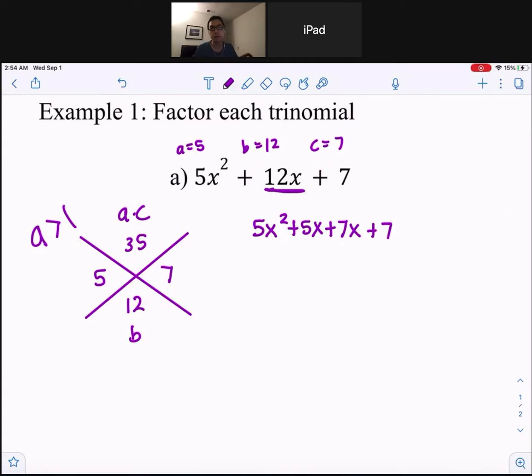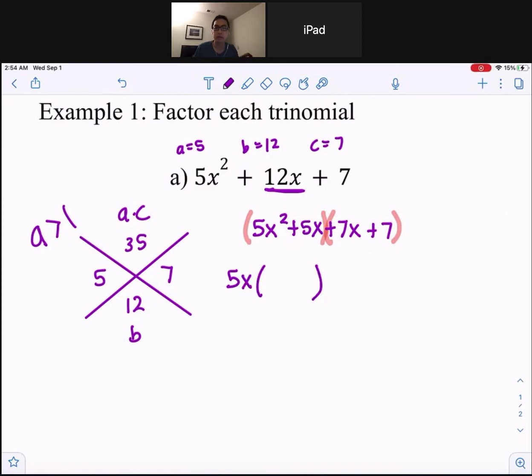Now, following the steps, right, we make it into 2 groups. This is one group, and this is one group. And then you guys factor out the GCF of each group. So what's the greatest common factor here? A 5 and an x.